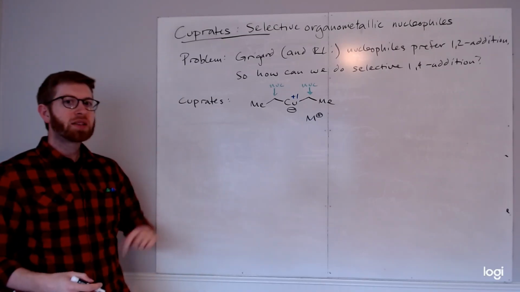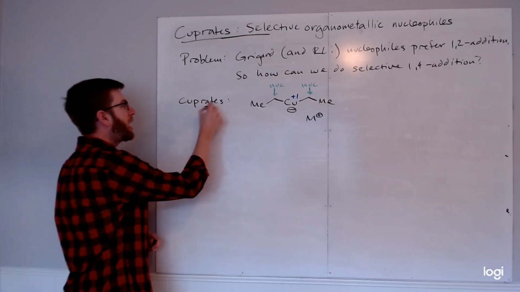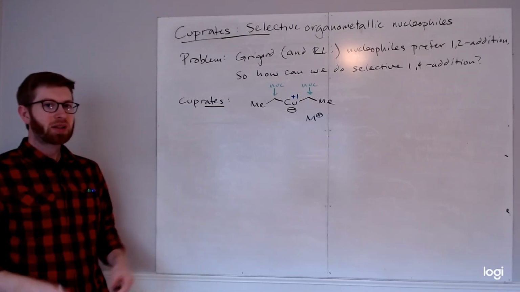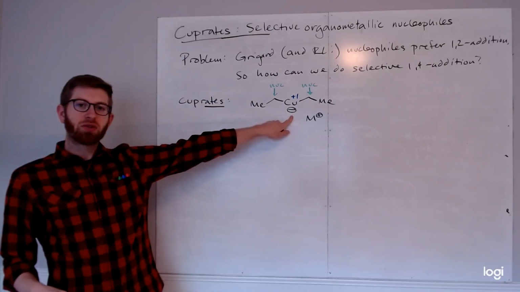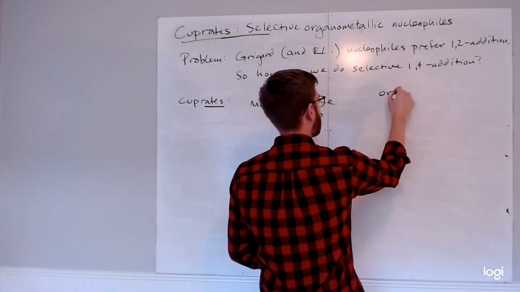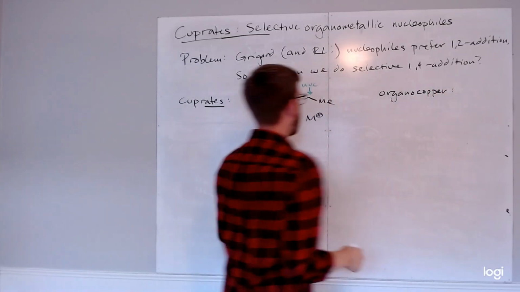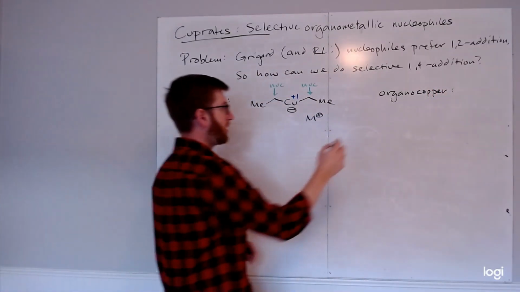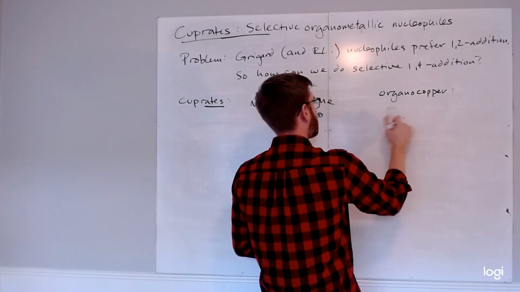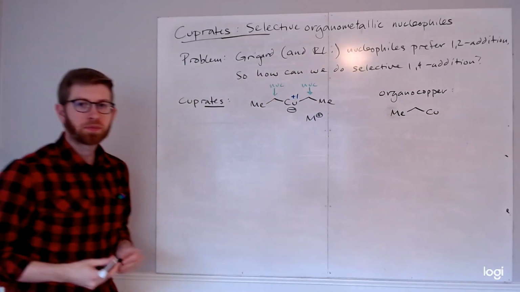There are other kinds of species that look a lot like this also, but they're not cuprates. So this ATE tells us that there's a negative charge in a polyatomic anion, which is definitely true. There's also organocopper species. So a corresponding organocopper would be still copper at the +1 oxidation level, but it would be like that.